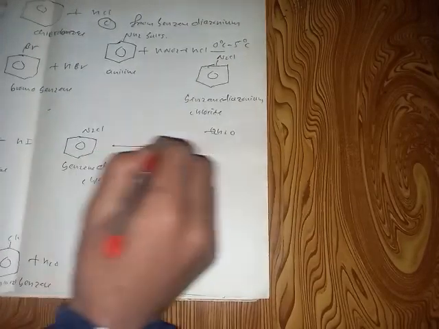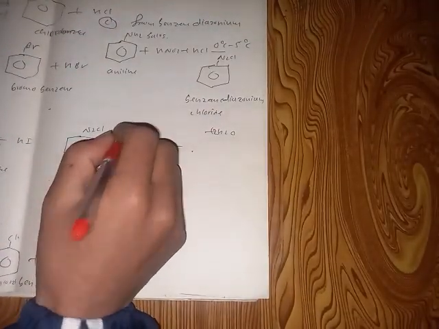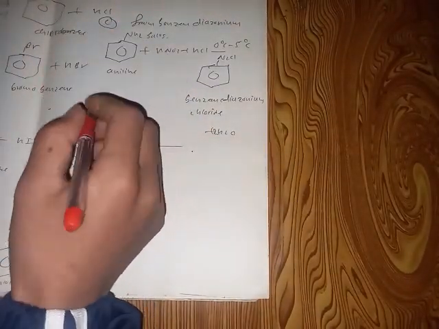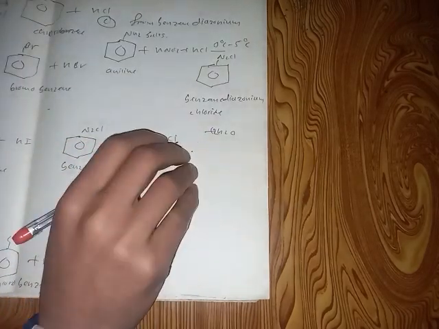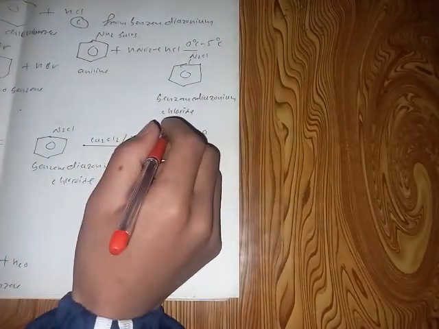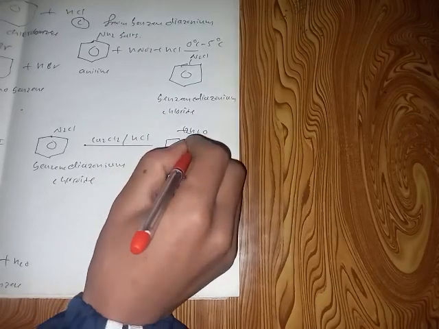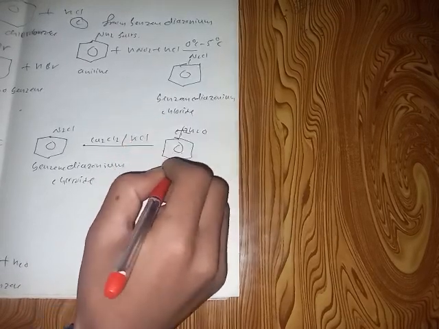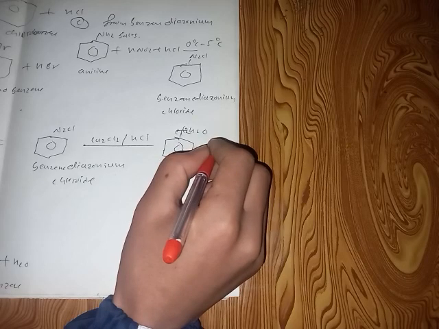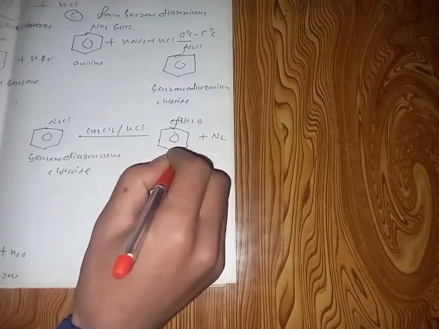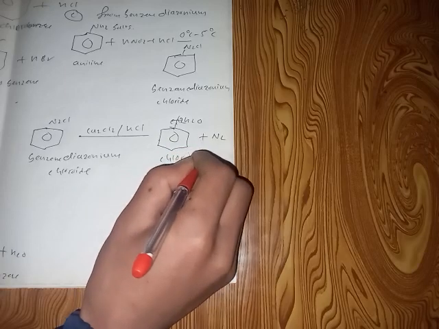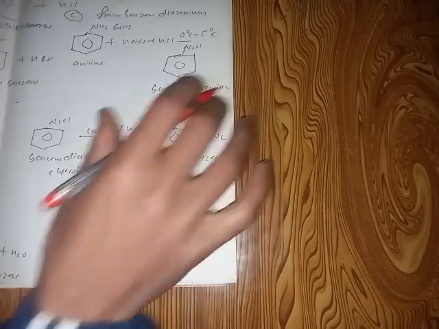Benzene diazonium chloride is reacted with a freshly prepared warm solution of cuprous chloride in acidic medium, and then to give the product Cl. The side product is nitrogen. The name of this compound is chlorobenzene.